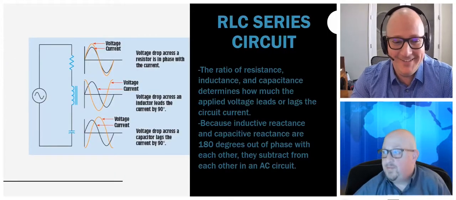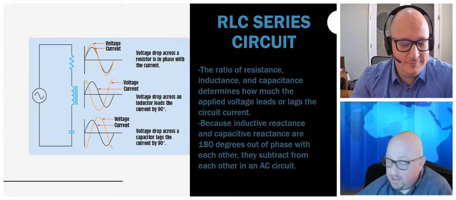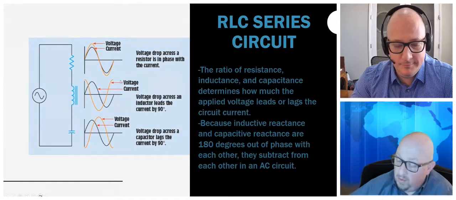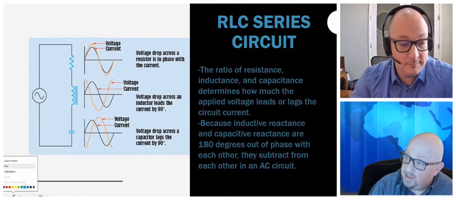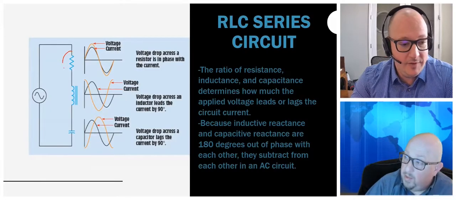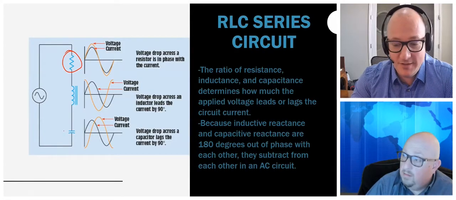So here we go. We're talking about RLC series circuits. Now we throw that term around. We're talking about what? A purely resistive circuit, or purely just a resistor, like a lamp, light bulb, or an old school heater, your space heater.